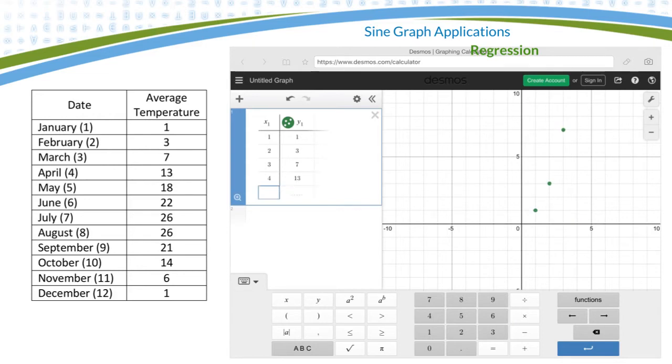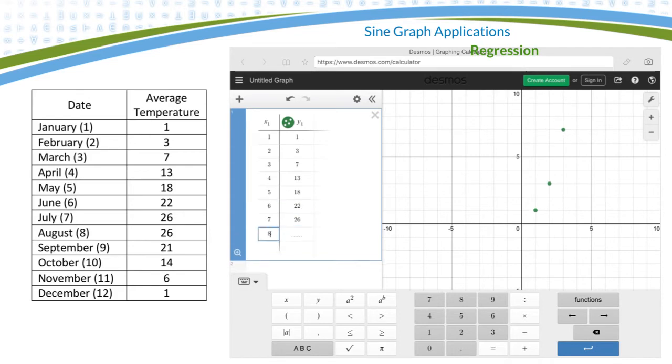On the right, 5 is 18. And 6 is 22. And 7 is 26. Oh, 6 I got wrong. 6 was supposed to be 22.